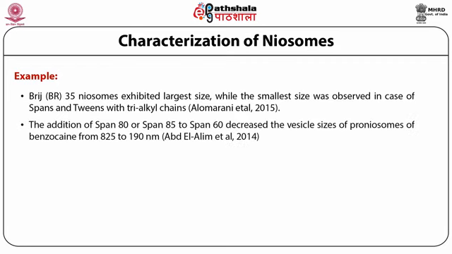The addition of Span 80 or Span 85 to Span 60 decreased the vesicle size of proniosomes of benzocaine from 825 to 190 nm, as indicated by Abdul Alim et al., 2014. The next characterization of neosomes includes entrapment efficiency.